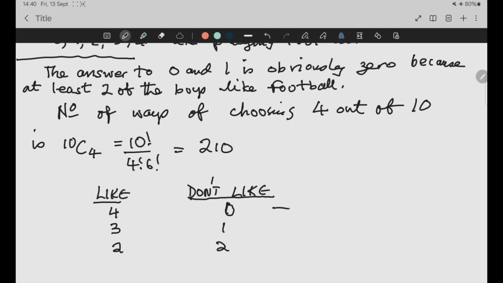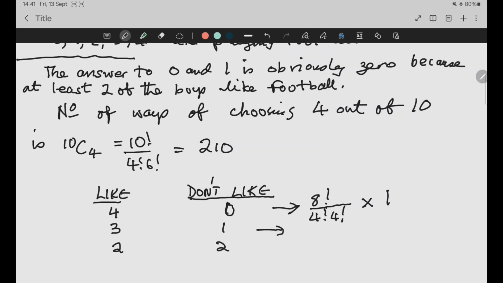Okay, so the number of ways of choosing 4 boys out of 8, because 8 like football, and we're choosing 4 who like it, will be 8 factorial over 4 factorial times 4 factorial. And there's only one way of choosing no boys for the other lot, and that's 1.